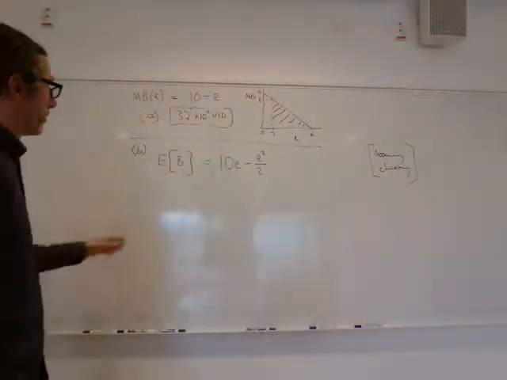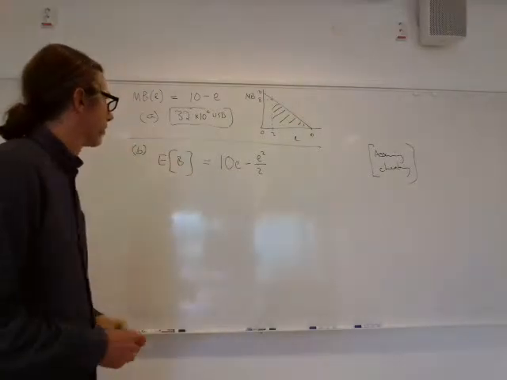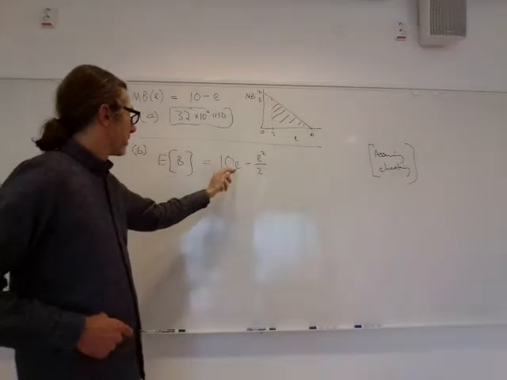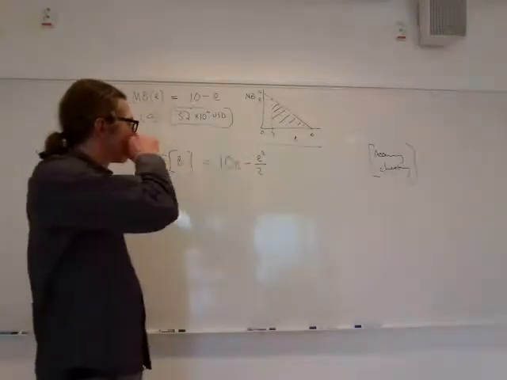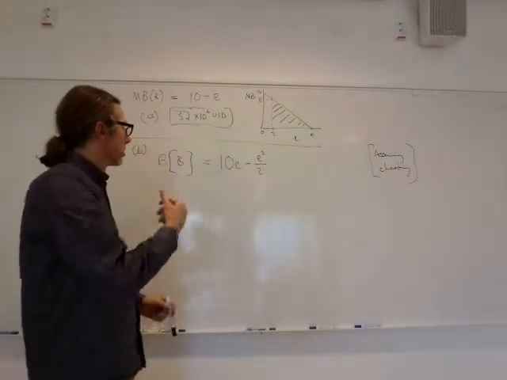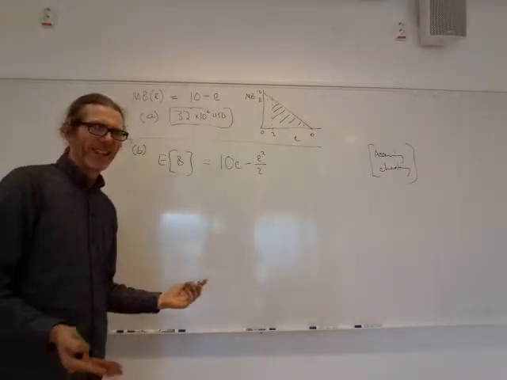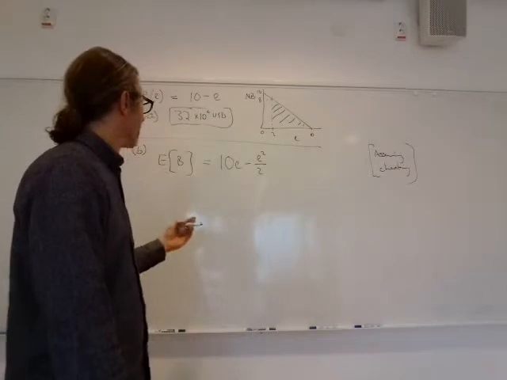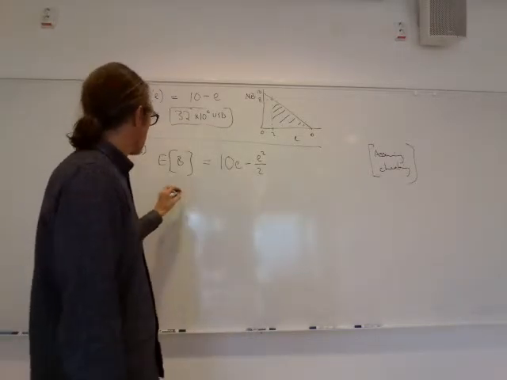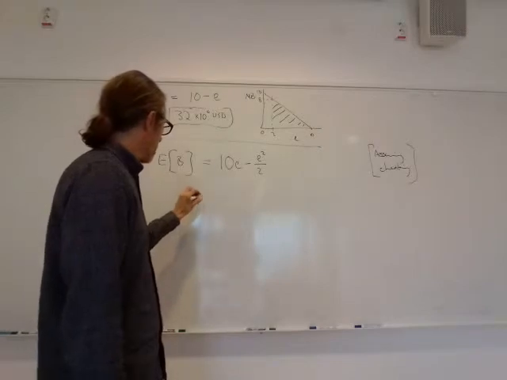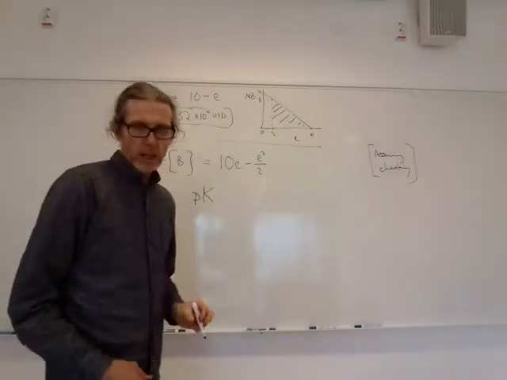So, if the firm doesn't abate at all, then its expected benefits are 10e. So if it doesn't abate at all, its expected costs are P times K, aren't they?